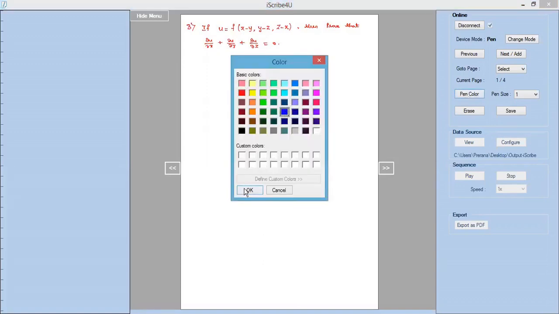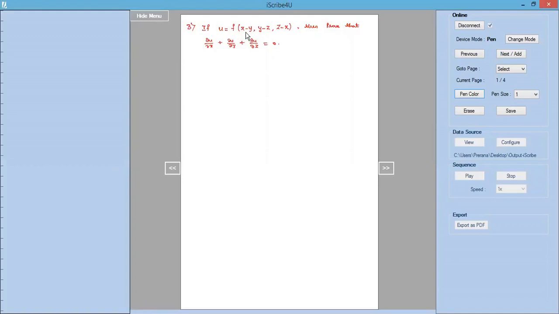So very firstly, let us assume u as a function of say p, q, r, and we observe that p is denoted as x minus y, q is y minus z, r is z minus x. So p, q, r are in turn functions of x, y, z. So there arises the composite function property.